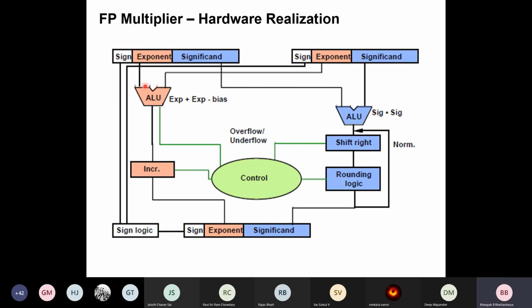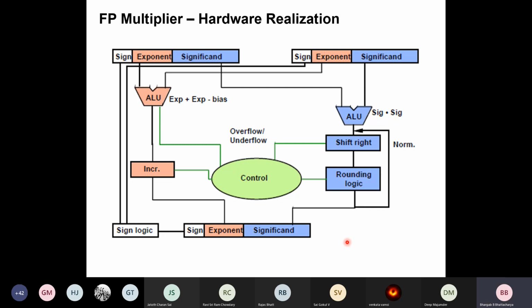Then you take the significands, restore the 1.something, and here also 1.mantissa, and multiply them using integer multiplication, and then shift right only. No shift left is needed here. There is a controller. If overflow or underflow, do the rounding logic, and keep on doing this. The exponent may be incremented because of the shift right, and finally the sign is adjusted by the sign logic, and you get the result.